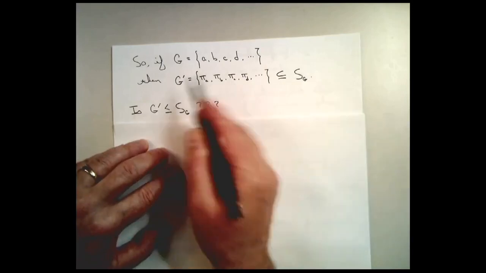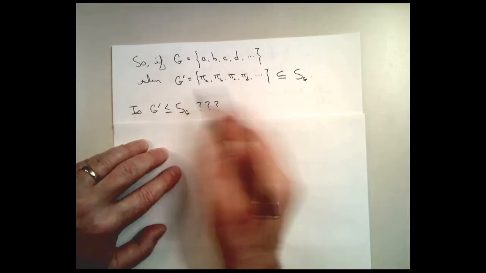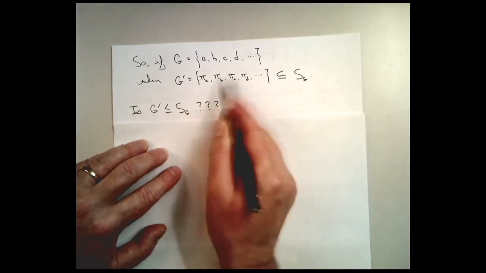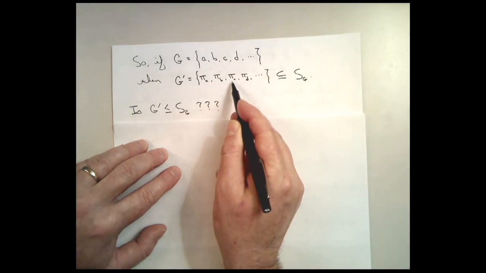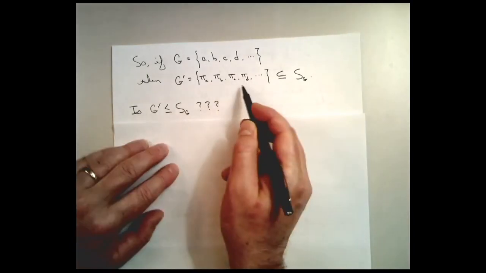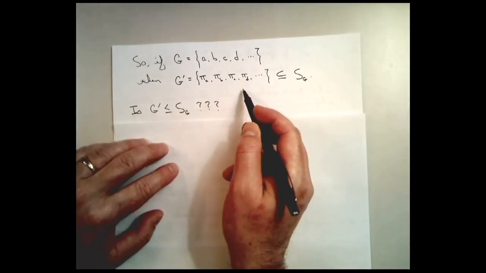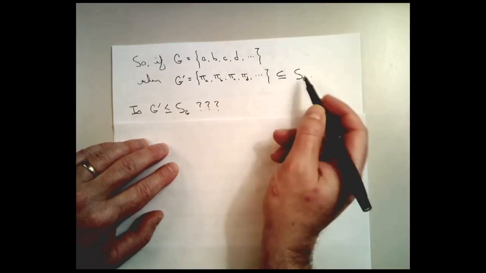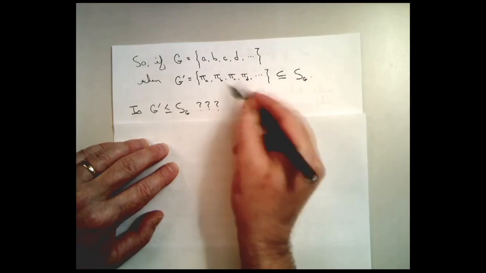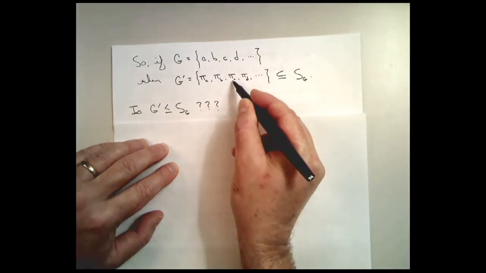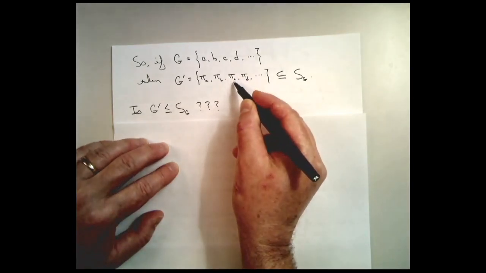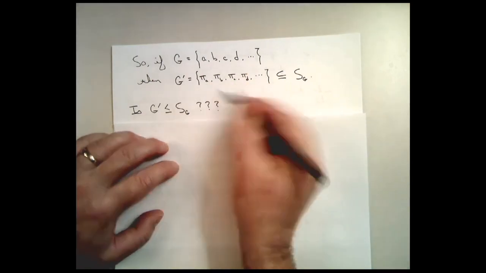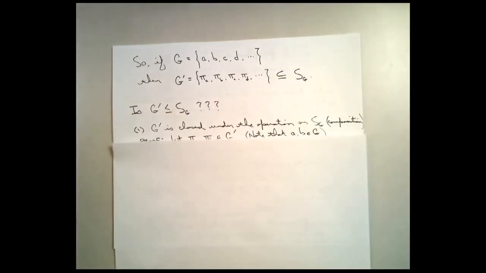So we'd like to show that if I take any two of these permutations and compose them together, I get another one of these permutations. That would show closure with respect to composition. And then I also have to show that it's closed with respect to inverses, right? Every permutation has an inverse. So I need to show that if I pick a permutation out of here, its inverse permutation is also one of these. So I need to show those two things.